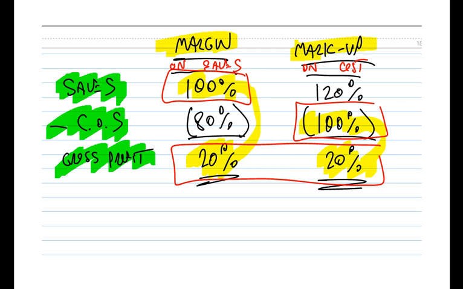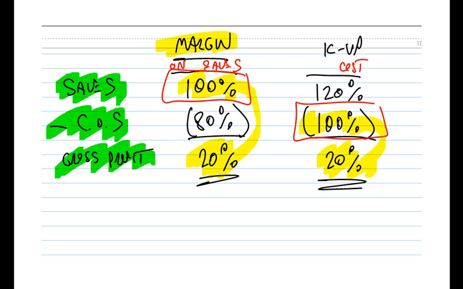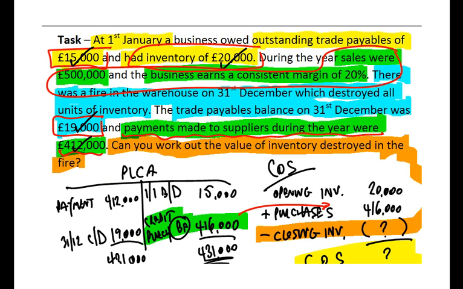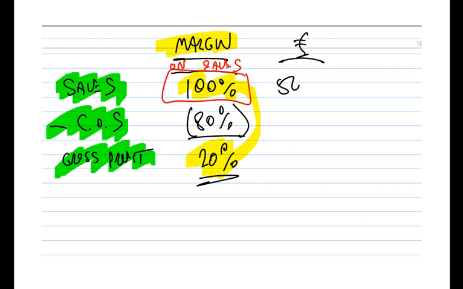Now, in our example that we're dealing with, we're using a margin. So let me get rid of my markup stuff because that's not relevant in this example, although you may well see examples that do that. Now, what we can do is we can take the percentages I've set up in my little template there, and I can think about how that translates to pounds, because we know the sales figure, don't we? We know that the sales figure is £500,000. So if I now use that, I can put that in as the sales figure.